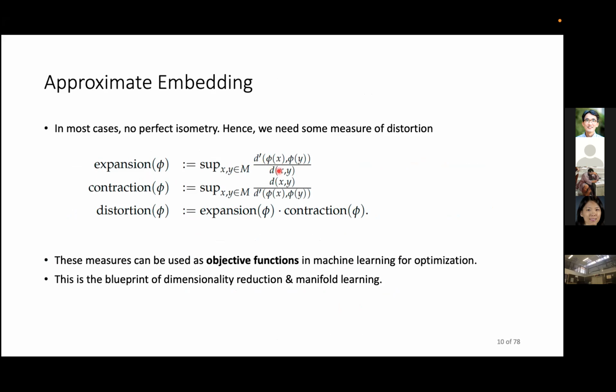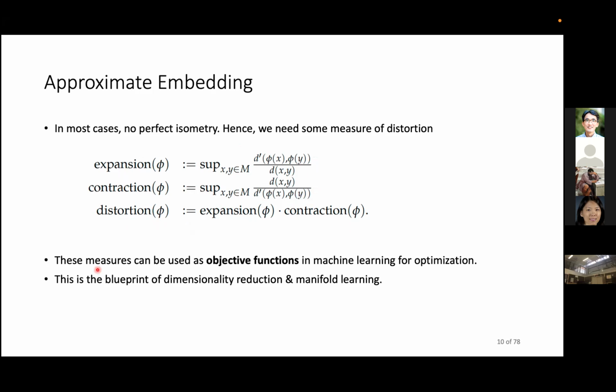So if the embedding is expanding your original space, then this is greater than 1. Contraction, on the other hand, is how you squeeze or compress the original space. Distortion is the product of these two. And if the distortion equals 1, that means you have isometry.